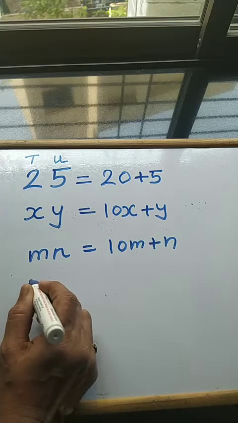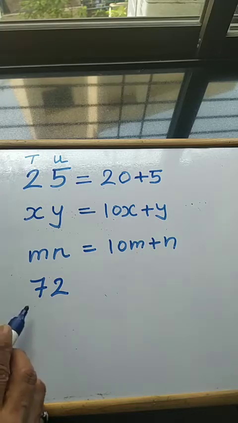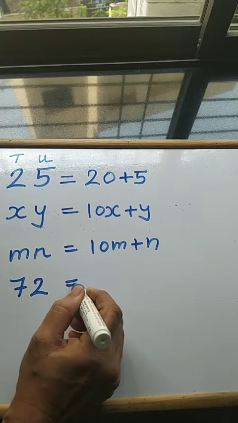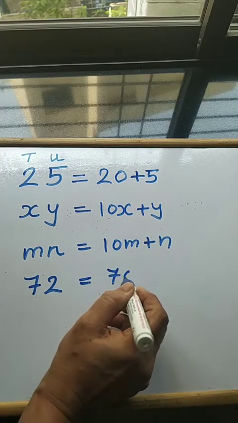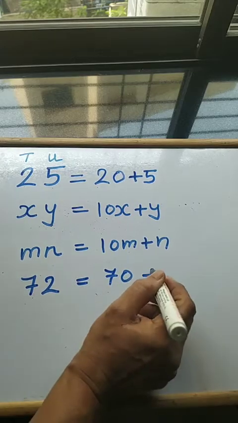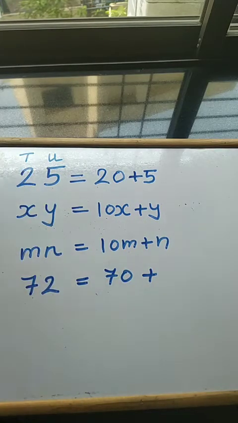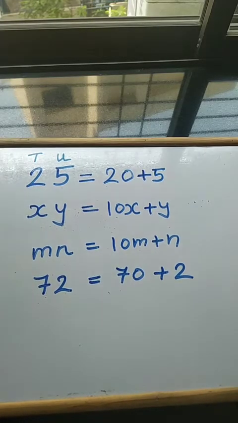Supposing there is a number 72. In 72, 7 is in the tens place. So instead of writing 7 into 10, I will write it as 70 plus, now 2 is in which place? 2 is in the units place and therefore it is 70 plus 2. That's all. You remember only how to write it in expanded form.